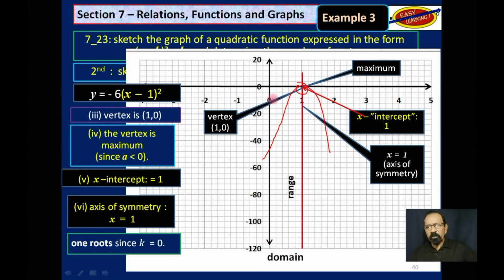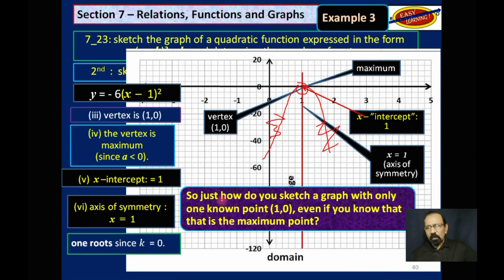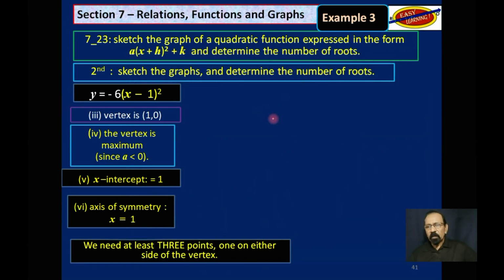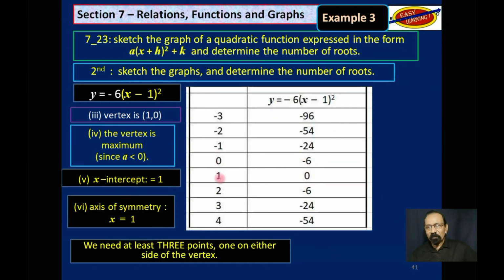We need some more points, maybe 1 or 2 points on this side here of that axis of symmetry, and another 1 or 2 points on this side here. So just how do you sketch a graph with only one known point, 1, 0, even if you know that it is the maximum point? We need at least 3 points, one on either side of that vertex, at least 3. So we set up a table.